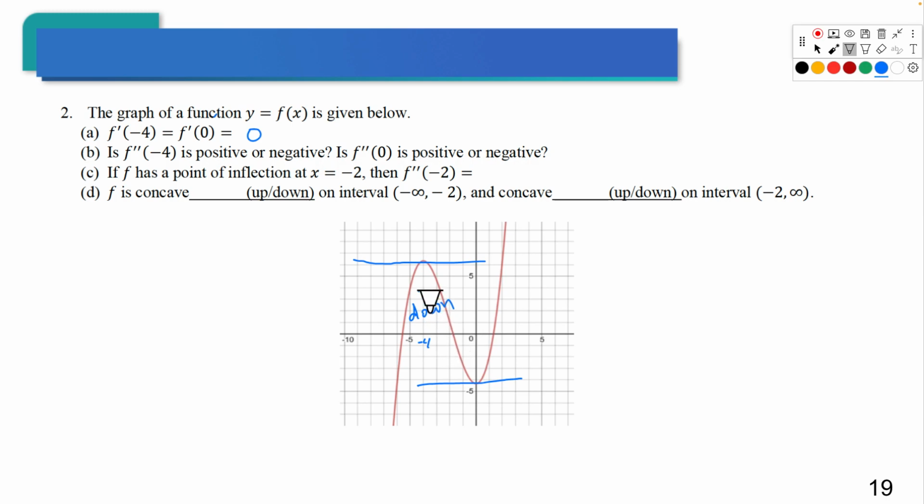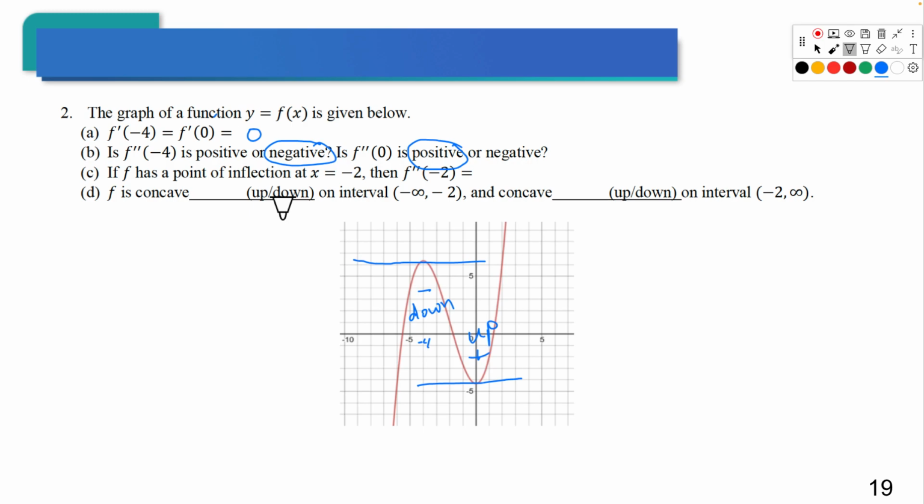It has negative. So we can say at f of -4 will have a negative sign, a concave down. The second derivative at 0, it's over here. And again, this is concave up. That's a smile, which means it's positive. So the second derivative would be positive everywhere there. Okay.